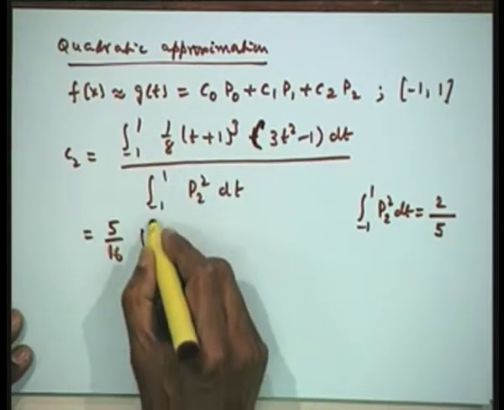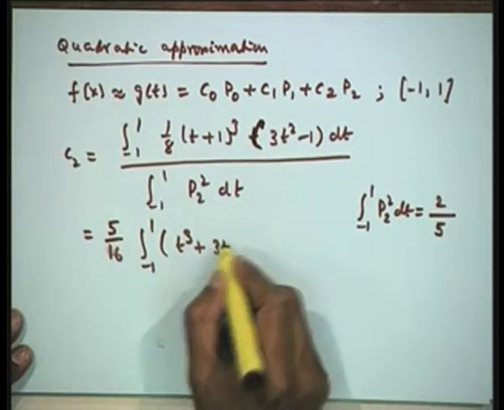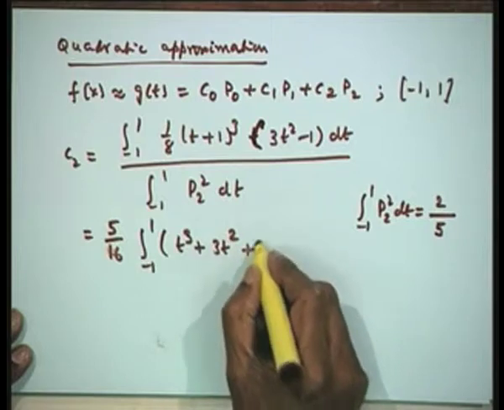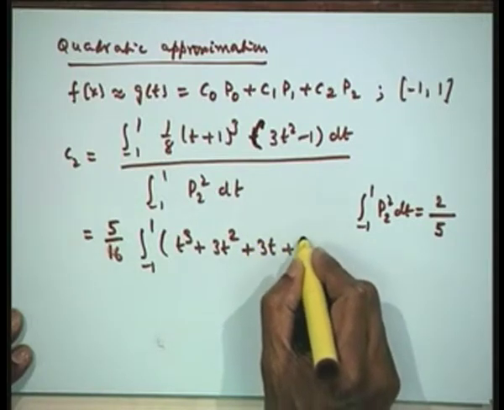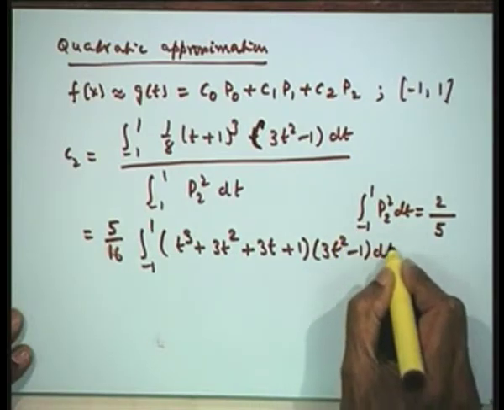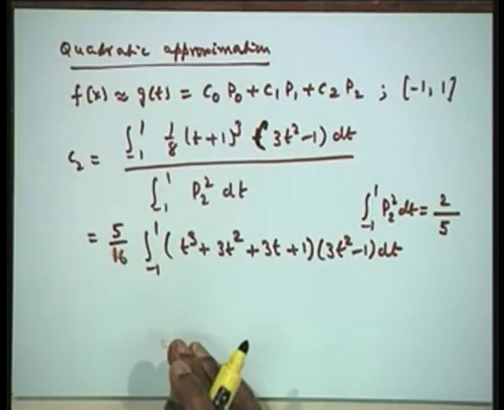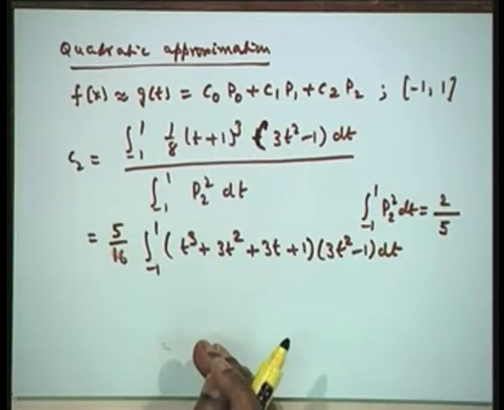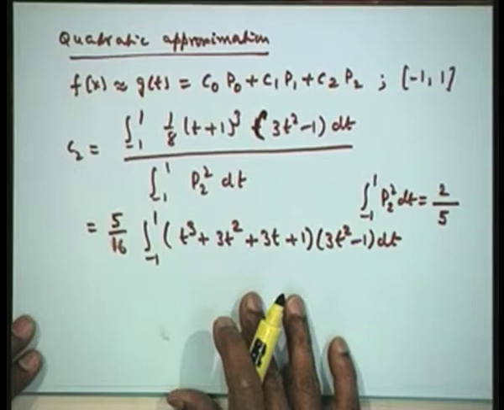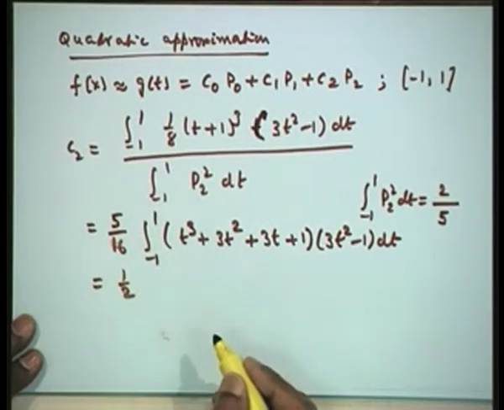So, I will have the integral from -1 to 1, I can open it up as t cubed plus 3 t squared plus 3 t plus 1 multiplied by 3 t squared minus 1 dt. I will leave this for you, the value of this comes out to be half.